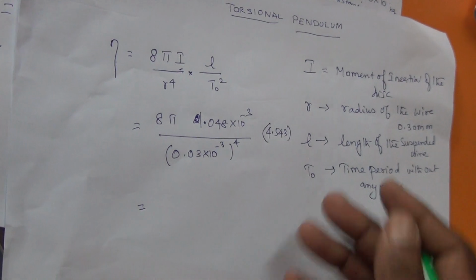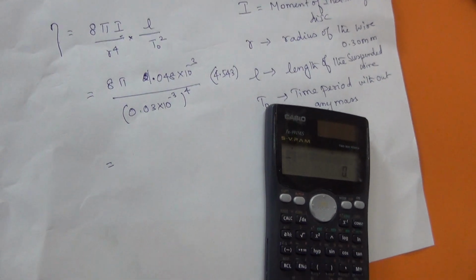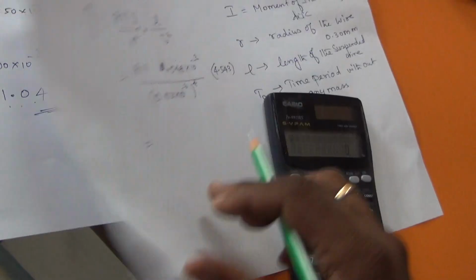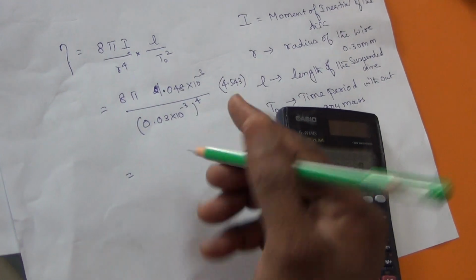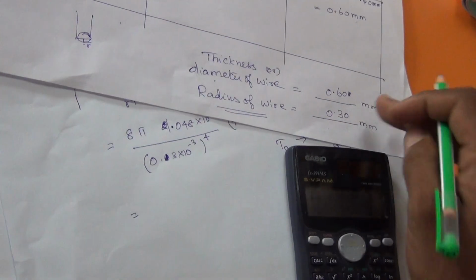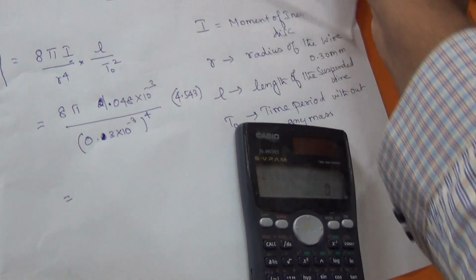So now take the calculator. Since it is in the denominator... sorry, I made a mistake, it's 0.3, not 0.03. The radius is 0.3 millimeter.